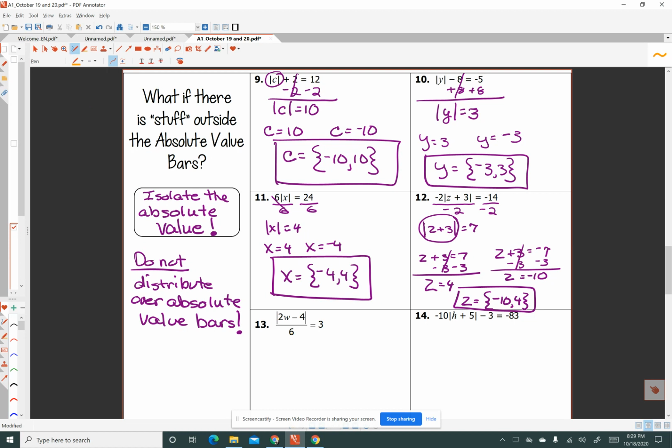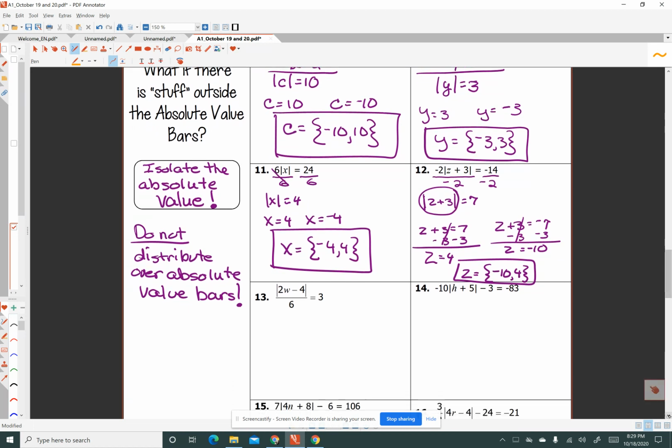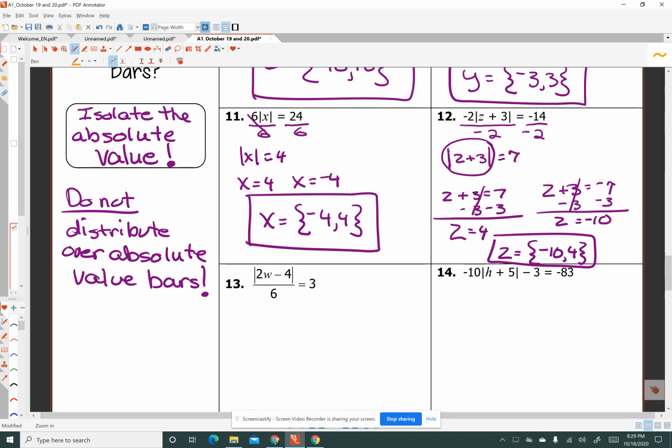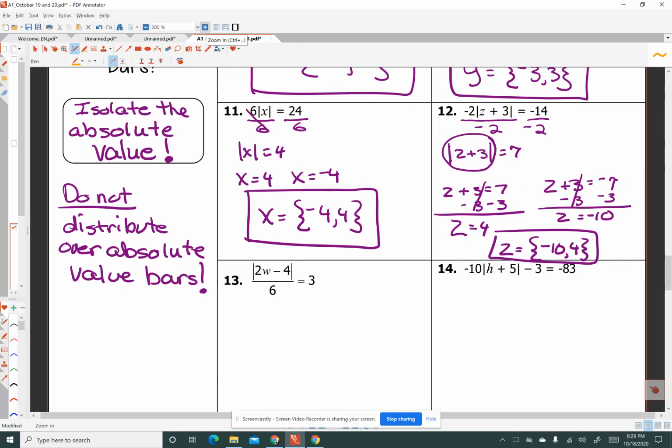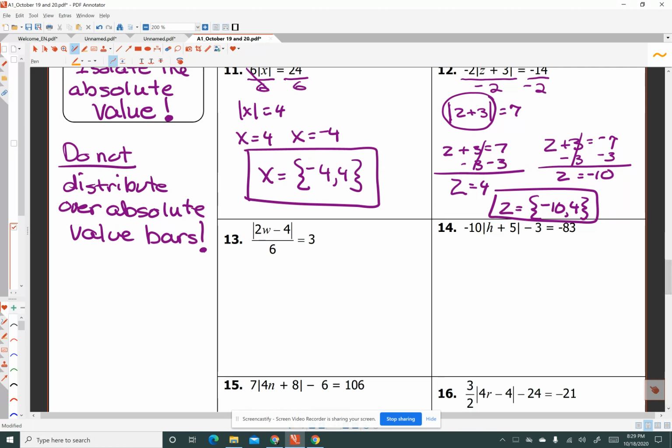Let's look, what about number 13, where we have the absolute value being divided by a 6. I'm going to make this page a little bit bigger so that I have a little more room to work. I think we're going to need it now. So the inverse operation to dividing by 6 is multiplying by 6.